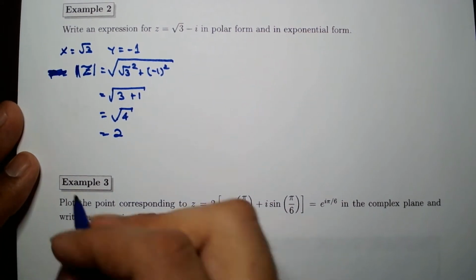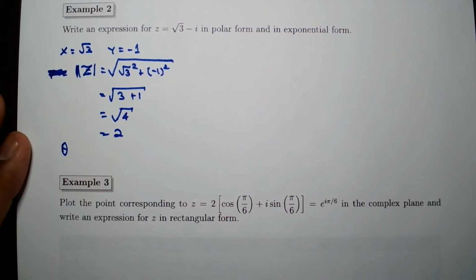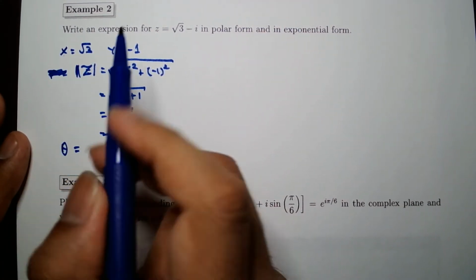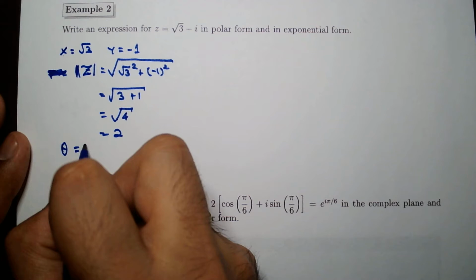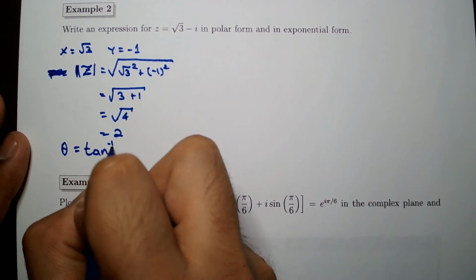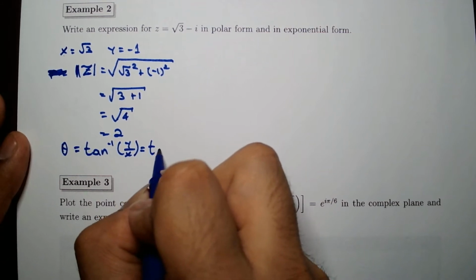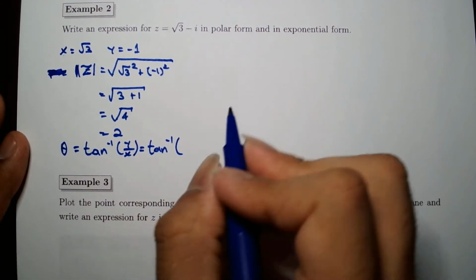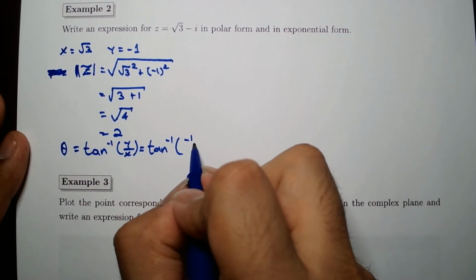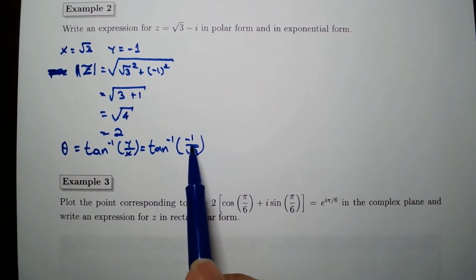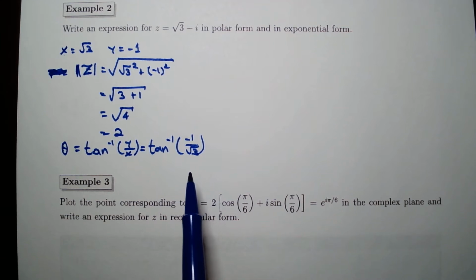And then now we need to find the angle, the argument. Well, keep in mind that if you know x and y, the angle or the argument is the inverse tangent of y over x, which in this case is the inverse tangent of negative 1 over root of 3.